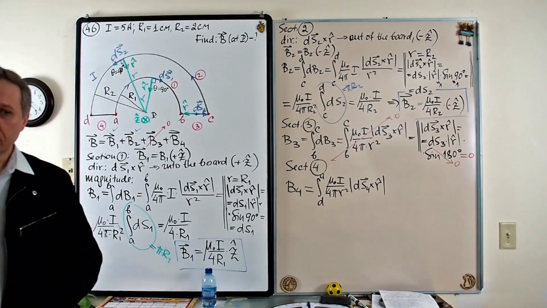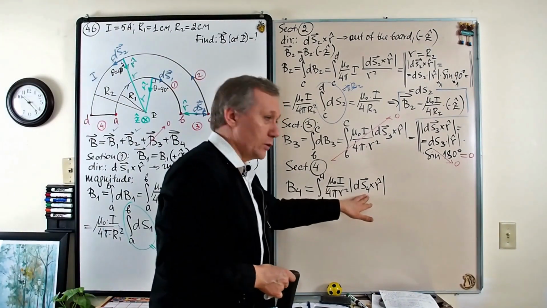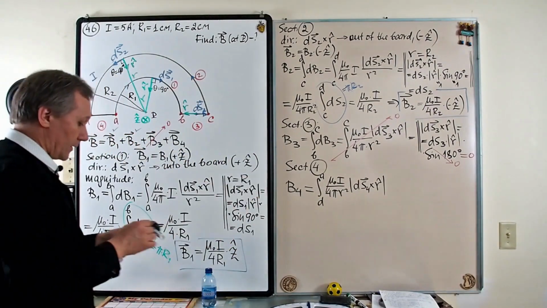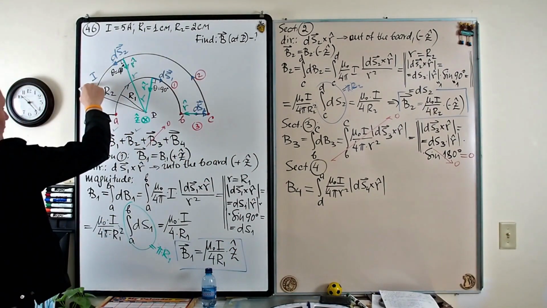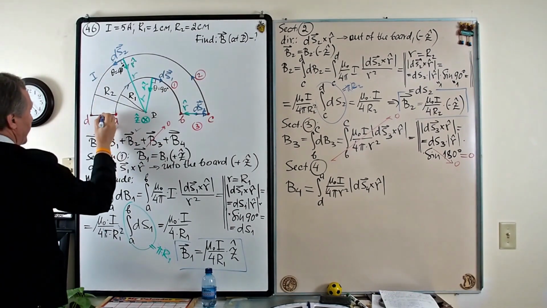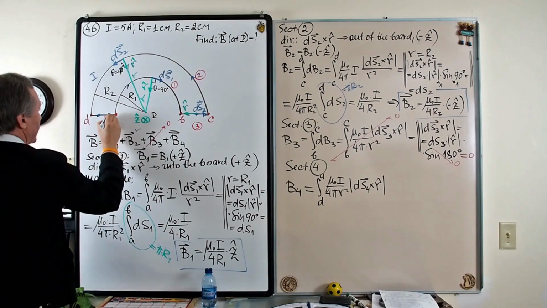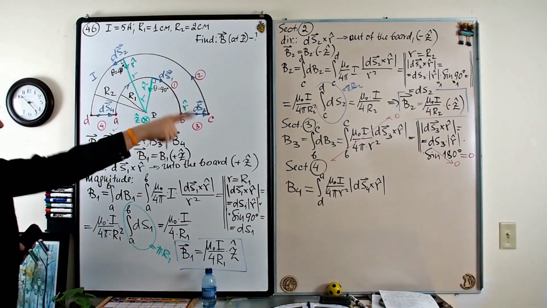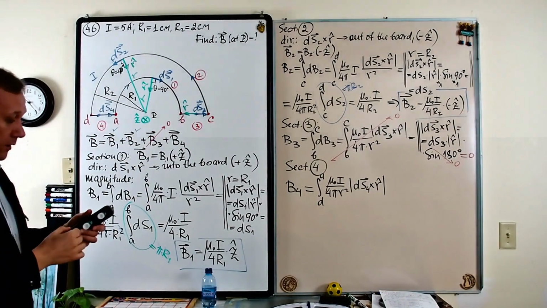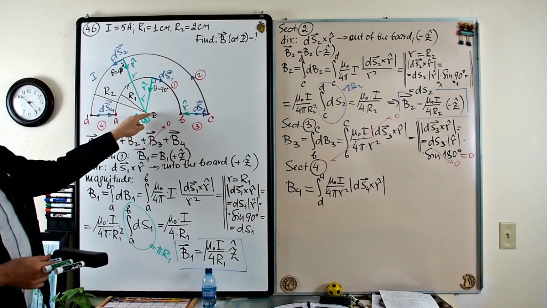Just very, very similar to the previous one. And again, I want to see on the picture ds4 and r hat. ds4, again, ds is determined by the direction of the current. Current flows that way, so I can draw my ds this way. So that's ds4 that way. R hat shows the direction, again, from ds to the point where we want to find the magnetic field.